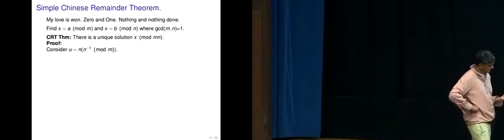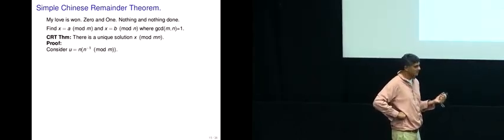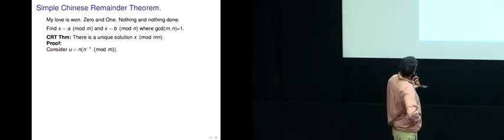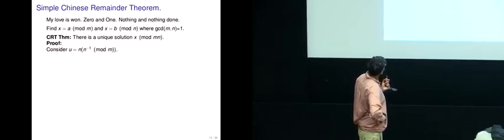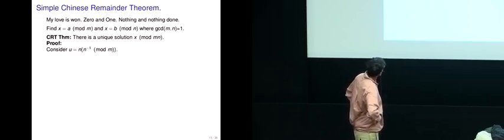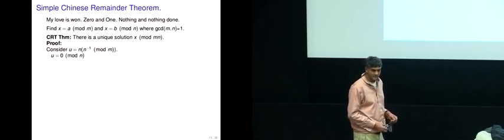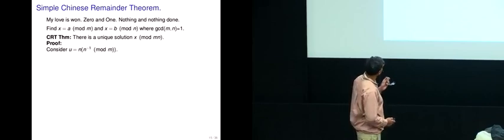n inverse, if I was mod n, what would that be? n times n inverse. So let's just do this. So it's 0 mod n, right? Do you see that? Why is it 0 mod n?